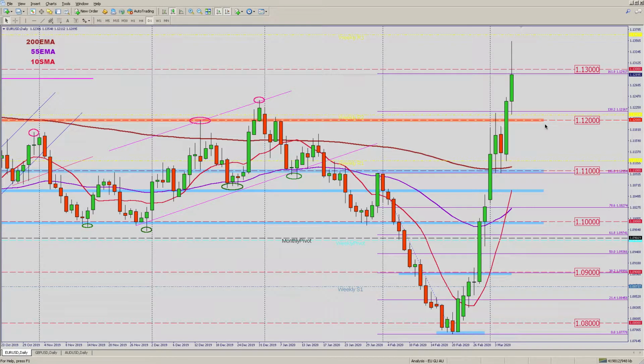It went through the resistance zone at the 112, and the previous week it had already punched through the 111 level through the daily 200 EMA, paused for a bit on Wednesday, but then continued to rally higher.